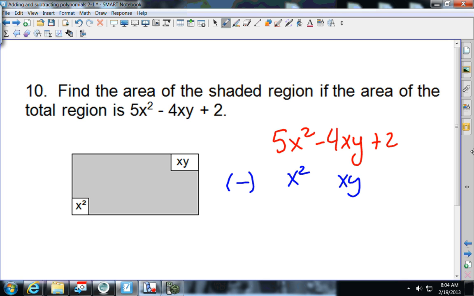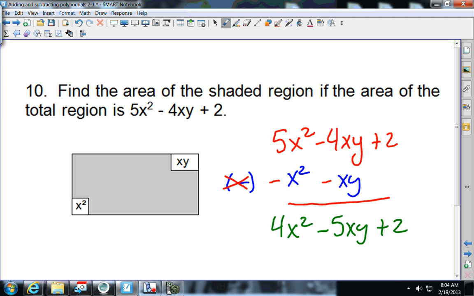Well, so this is going to be a minus, and this is going to be a minus, okay, because I'm subtracting them off. So my answer becomes 4x squared. You subtract these right here, minus 5xy plus 2. We didn't have anything to do with the units. This is the area of the shaded region. All you did was take the original, the area of the total region, and subtract off these pieces.